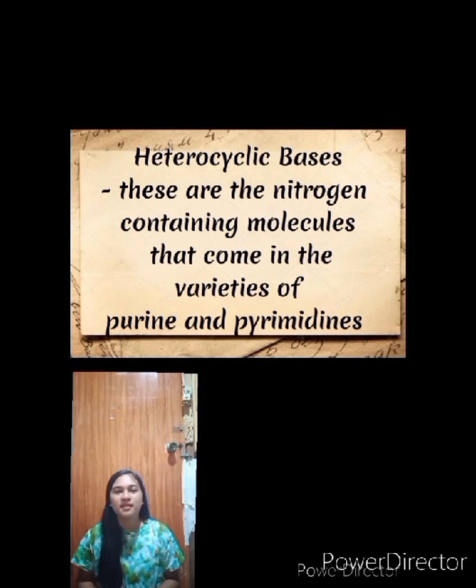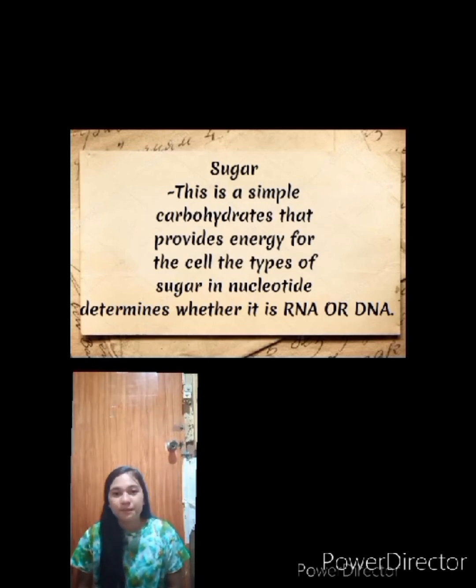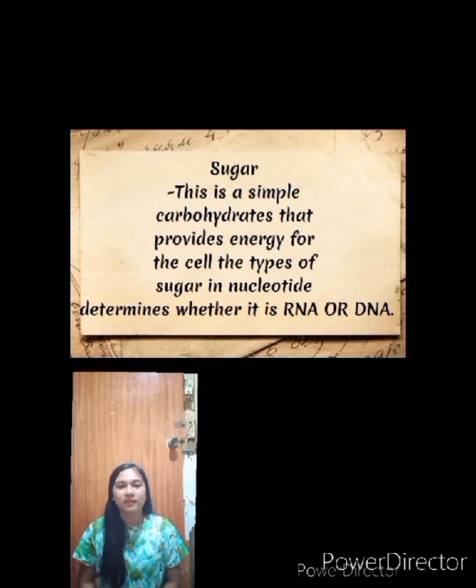So heterocyclic bases are nitrogen containing molecules that come in the varieties of purine and pyrimidines. Second, the sugar. Sugar is a simple carbohydrate that provides energy for the cell, and the type of sugar in nucleotides determines whether it is RNA or DNA.